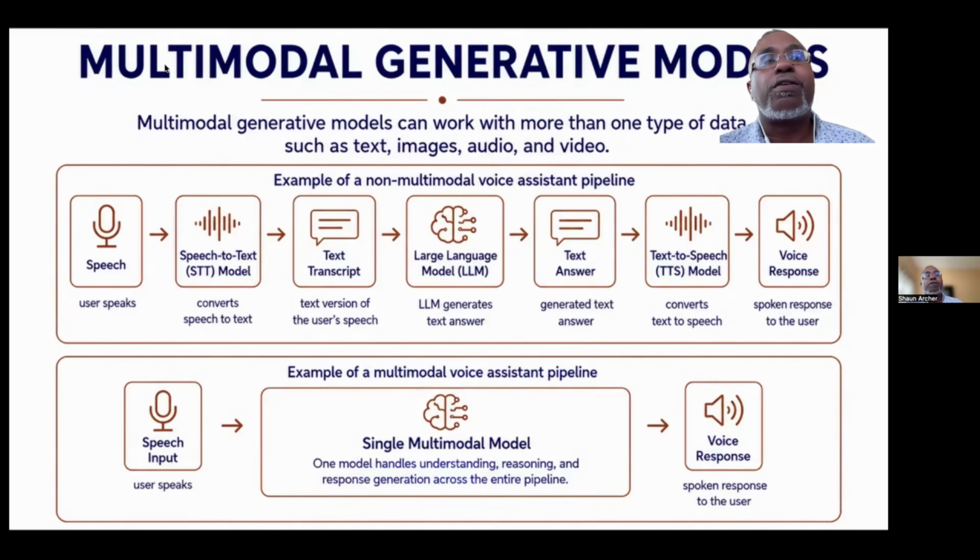And that is what is called a multimodal model. Multimodal, new word. And that's the new word for this slide. Multimodal models can take speech input, they can take text input, they can take image input, and they can spit back out speech, they can spit back out text, they can spit back out images, video, depending on the model.